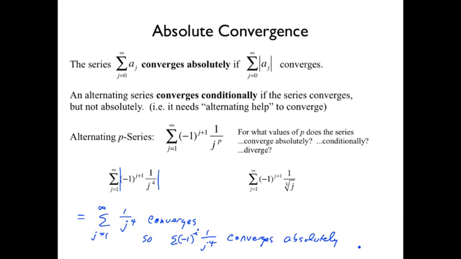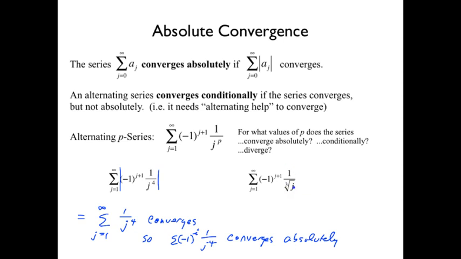Okay, the other one, same thing, 1 over the cube root of j. First of all, does it converge? Look, we've got an alternating series. What does the alternating series test say? If these terms decrease to 0, they do, right?